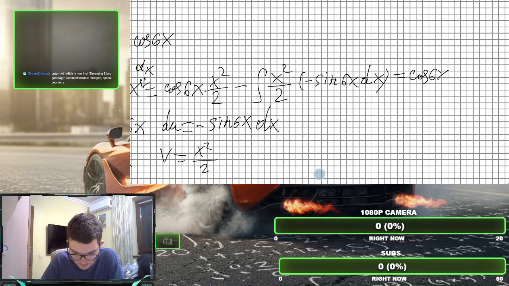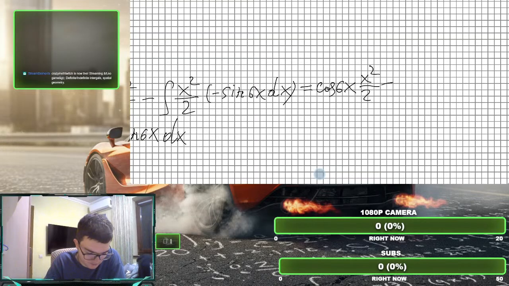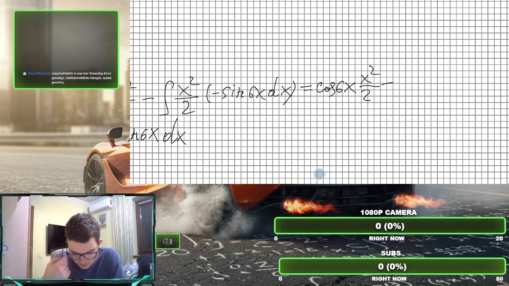Cos 6x times x to the power of 2 divided by 2, and essentially minus, hold up, let me write something, it's not gonna take long. Okay, so moving on here.